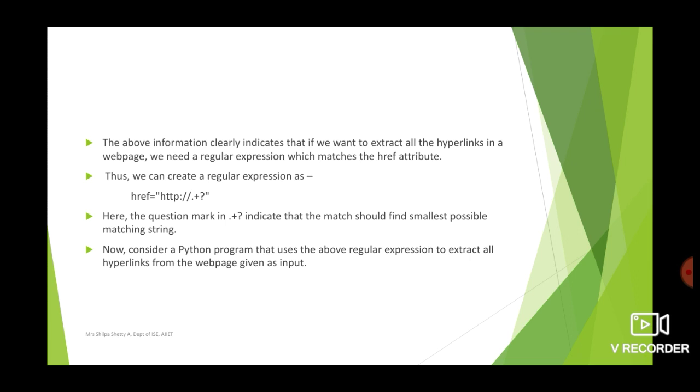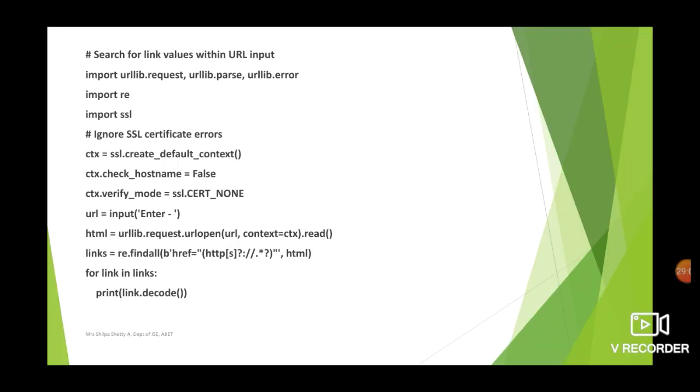So now let us write a Python program that uses this regular expression to extract all the hyperlinks from the web page that is given as the input. So here is the program. Import urllib.request. We have already discussed what this is. Then we are also importing one more module called urllib.parse.